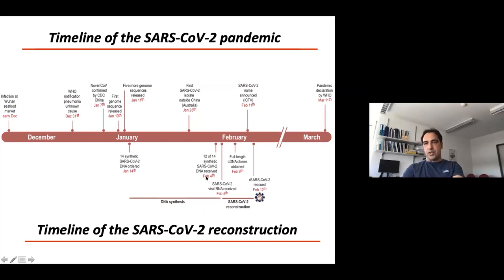There were 2 gaps. I will come to that in a minute. But we could fill them because we received, at the same or a day later, RNA from an isolate from Germany, and could fill those gaps by RT-PCR fragments.